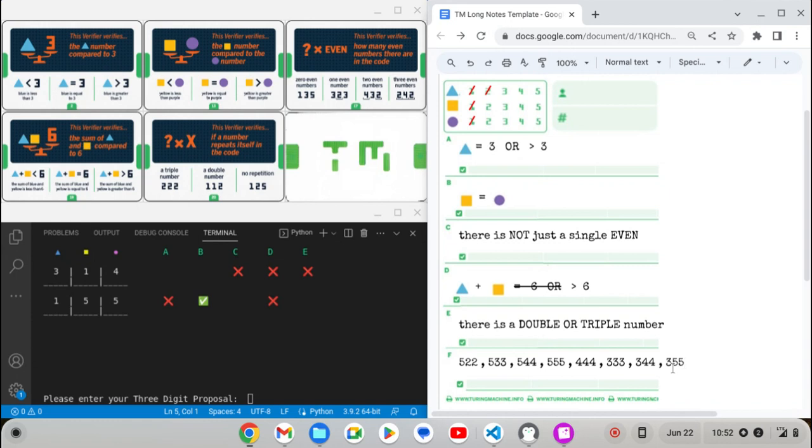Are any of these redundant? Say that there are no evens, and say it's a triple number. No evens and triple number. Well, 555 and 333 you could distinguish because you know what triangle is.